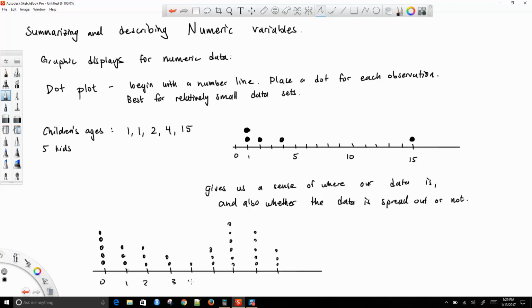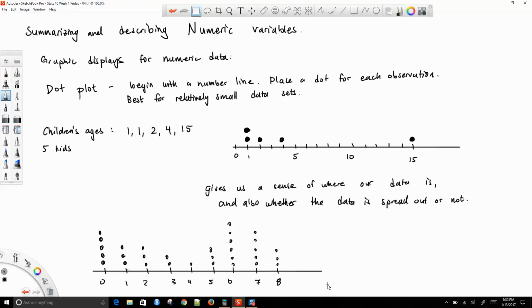I have no idea what these numbers represent, just a made-up data set here. And so here's another example of a dot plot. Now you can imagine if the data sets get very large, we might not want to represent all of our values with their own dot.